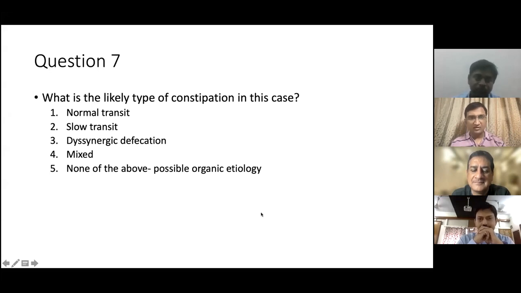Okay, so we'll end the poll here. 89% have answered slow transit constipation, 4% felt it was dyssynergic defecation, and 4% felt it was mixed.